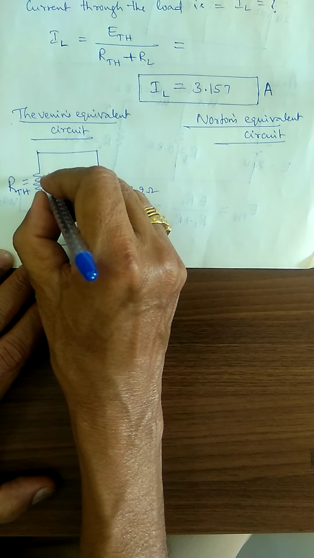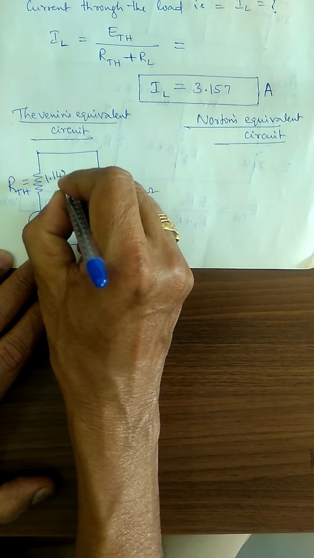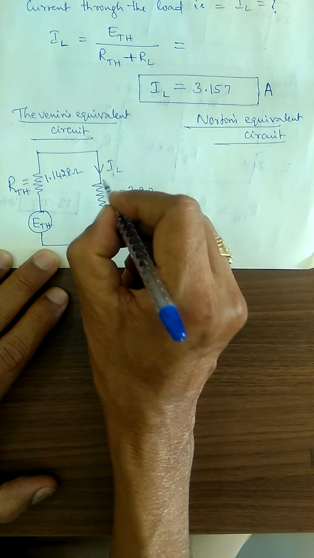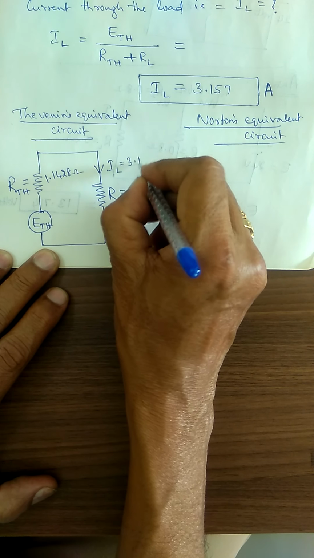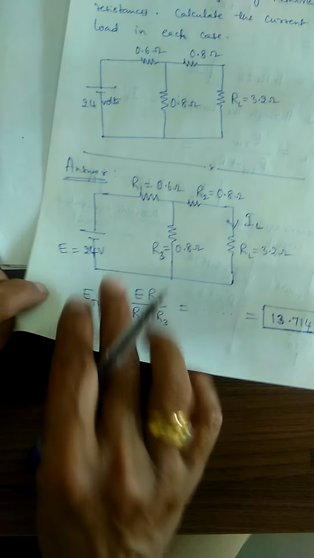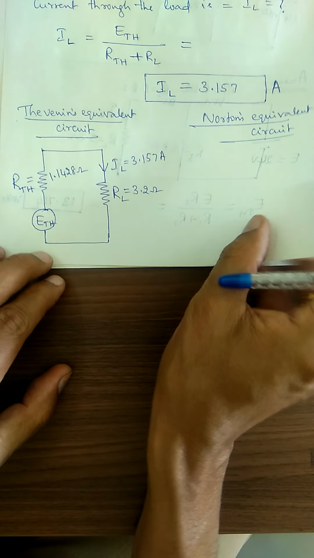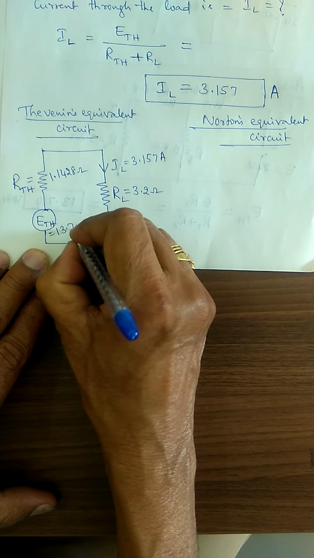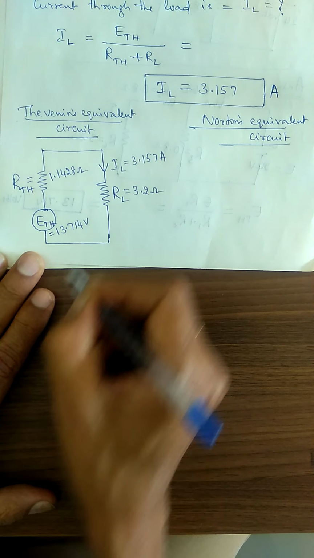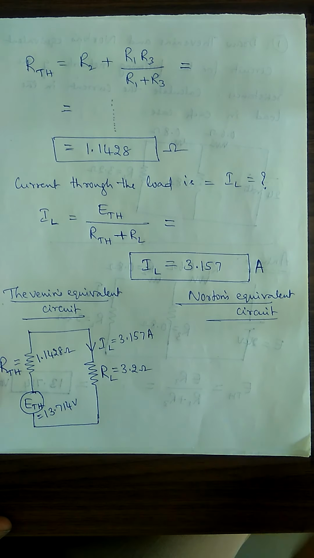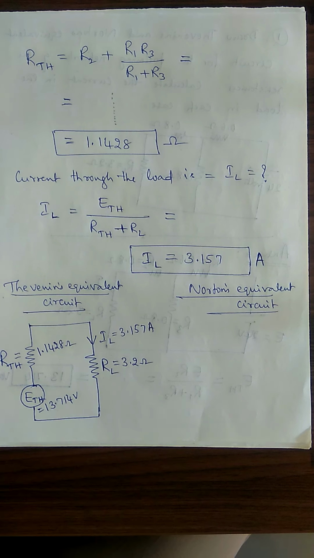RTH value is 1.1428 ohms. This is IL value, 3.157 ampere. ETH I can also write, no problem. ETH value is 13.714 volts. So these are the ideas that you are supposed to write.